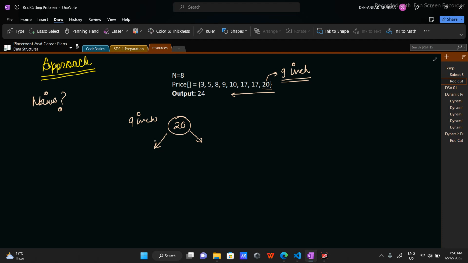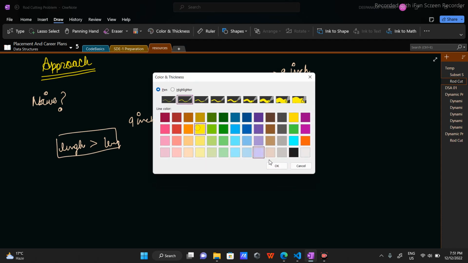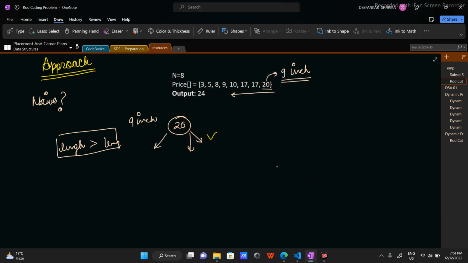So if this length is not greater than the length of the piece, then only I will have the choice to include it or not. In this part of my subtree, I will have the choice to either include it or exclude it. But to have that choice, the length of this piece has to be smaller than this.